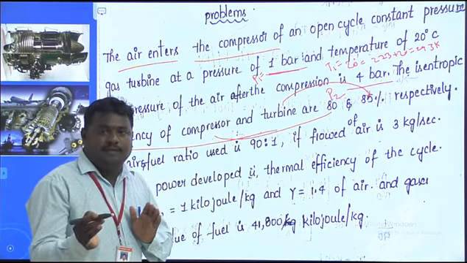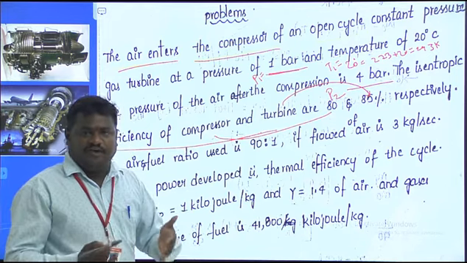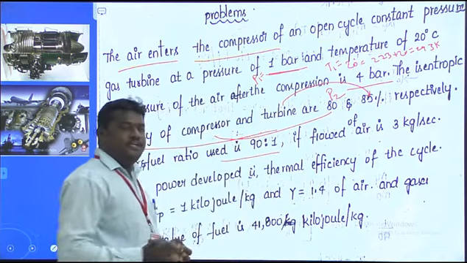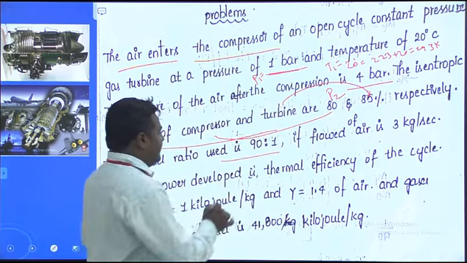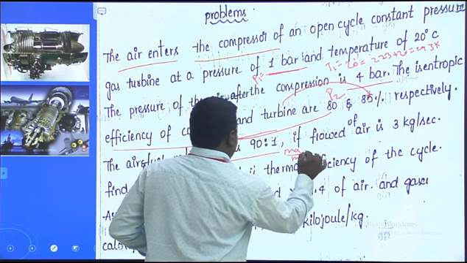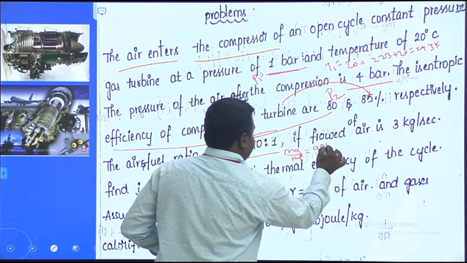The air-fuel ratio, mass of air by mass of fuel, is given as 90:1, that is MA by MF equal to 90:1.